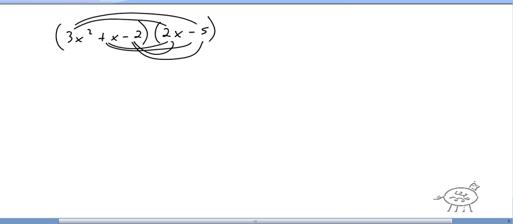It doesn't really matter. I personally like to put the smaller one in front. So 2x minus 5 and 3x squared plus x minus 2. I like that a little bit better.